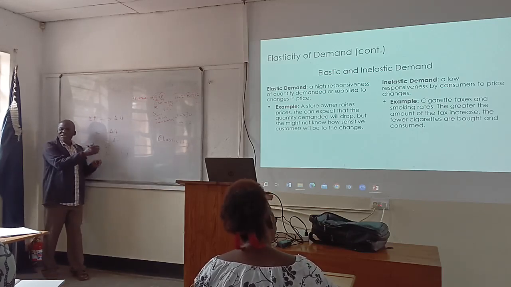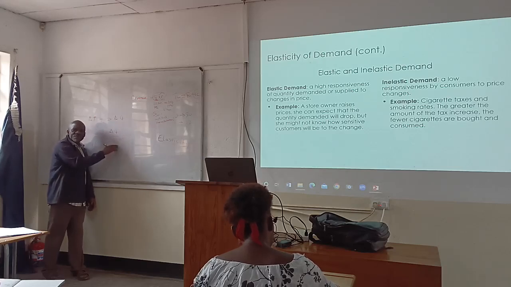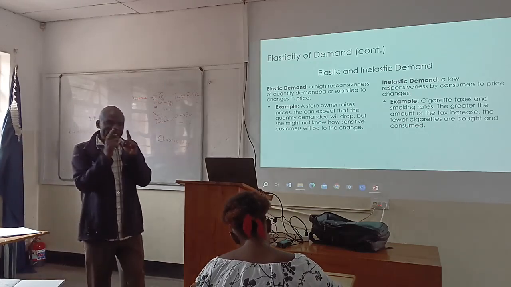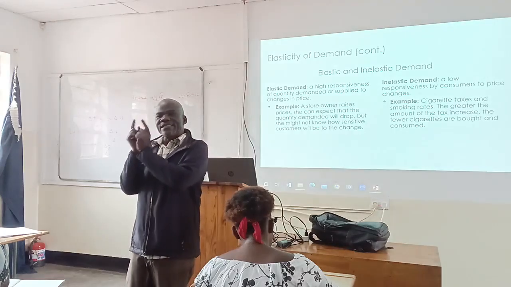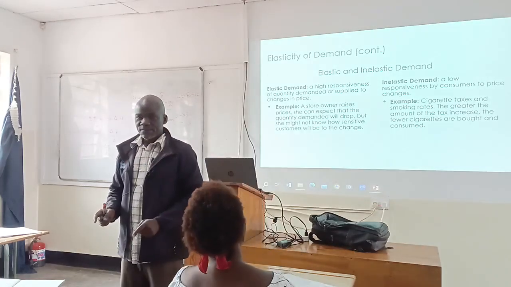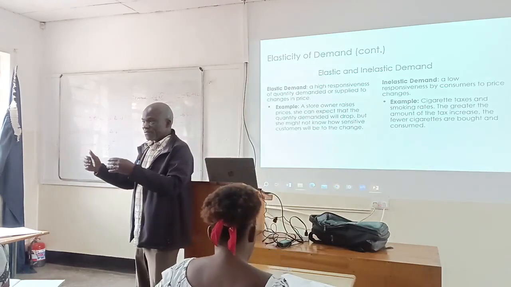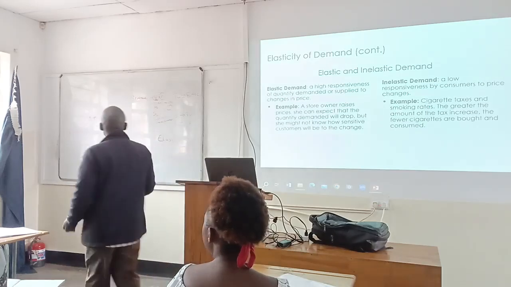So it means the top and down is the same, which means that the percentage change in price will give you the same percentage change in quantity, right? That's why you have an answer which is equal to 1.